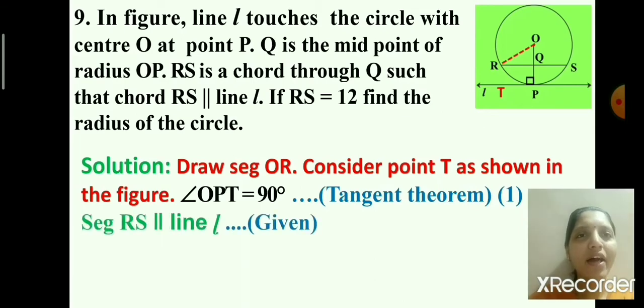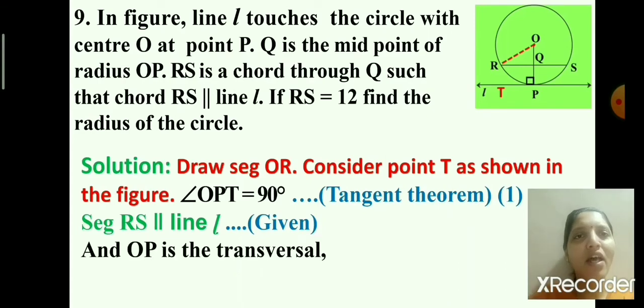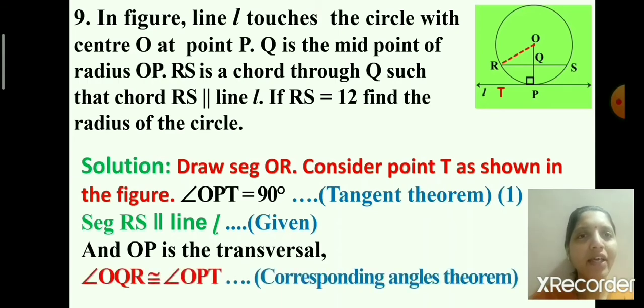Now seg RS is parallel to line L. It is given to us, and OP is their transversal. So what will you get here? Angle OQR is congruent to angle OPT. Yes. Why are these two angles congruent? Because they are corresponding angles of these two lines.